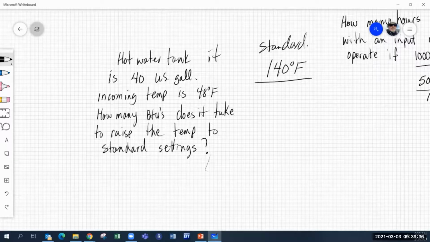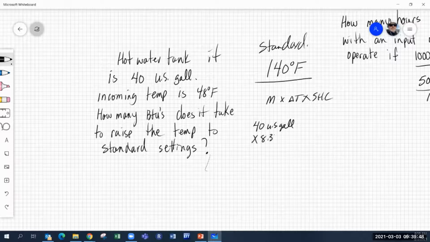So we need a mass times a delta T times the specific heat capacity. So our mass, we have 40 US gallons. So we have to get a mass from that. There is 8.33 pounds in a gallon. So our mass comes out to 333.2 pounds.